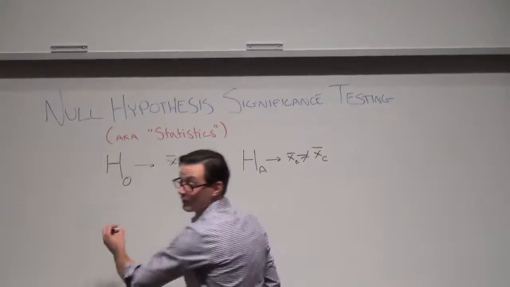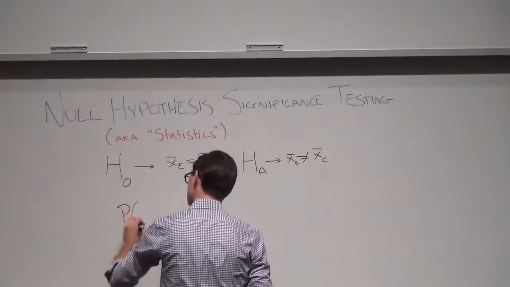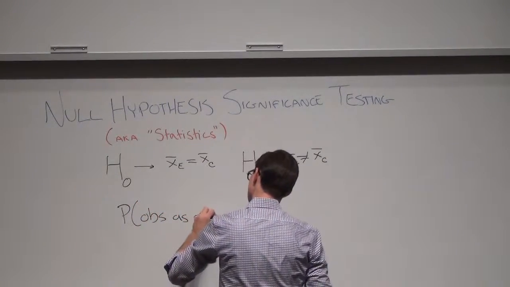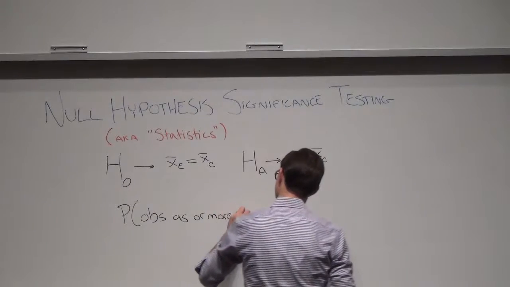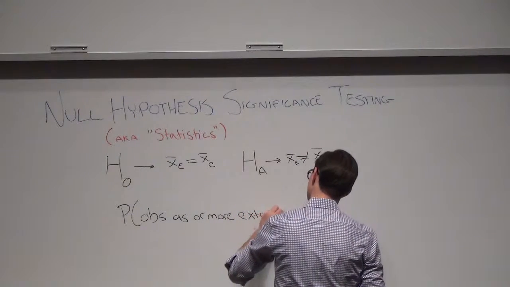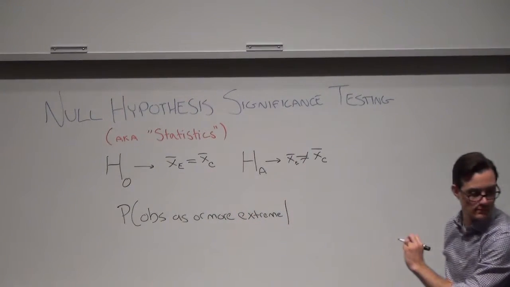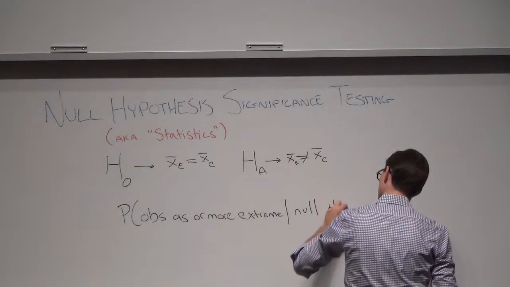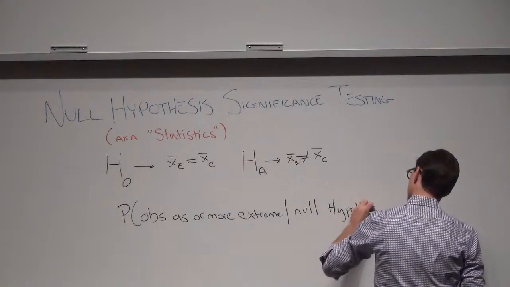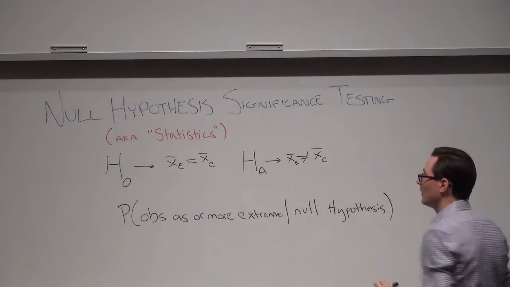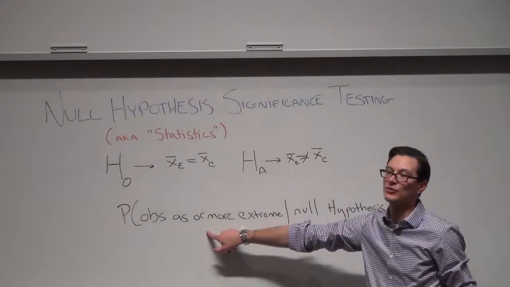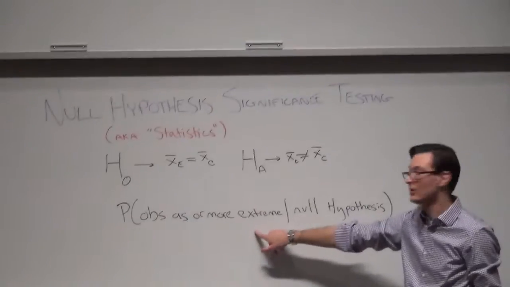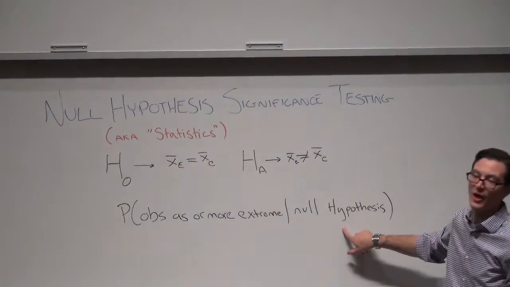It's this quantity: the probability of getting an observation as or more extreme than the one that we obtained, given the null hypothesis.